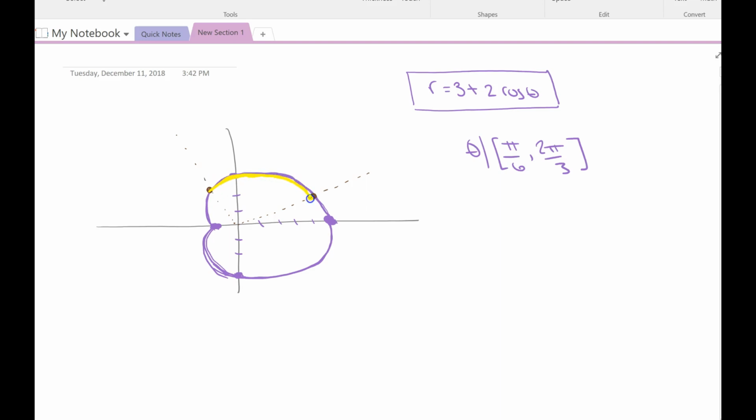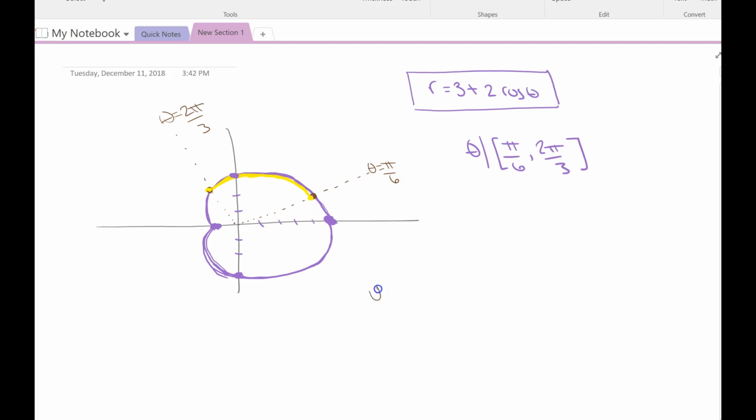And I'm going to do this also right down here. This is at theta equals pi over 6, and this is theta equals 2 pi over 3. And now here's what I want you to write down in a minute. When we talk about the area bounded by the polar curve over the interval of theta from pi over 6 to 2 pi over 3, okay, that phrasing is really important.